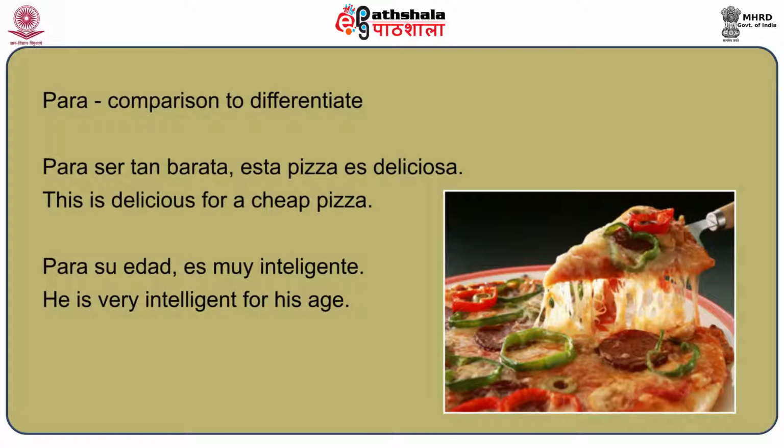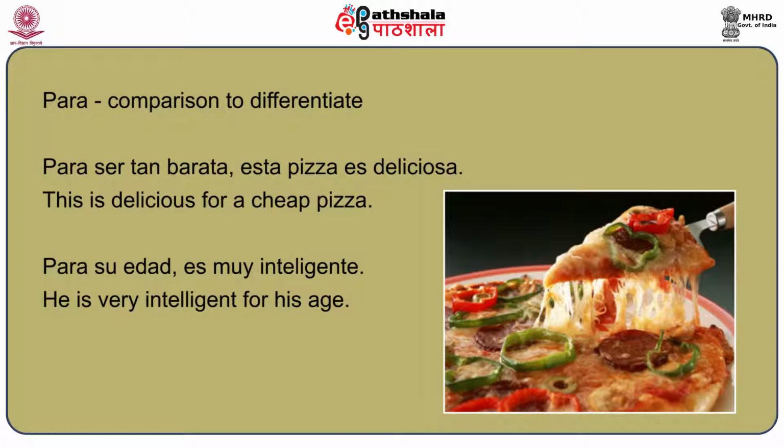Para is also used for comparison to differentiate it from normal things. Let us see this in some example. Para ser tan barata, esta pizza es deliciosa. I repeat, para ser tan barata, esta pizza es deliciosa.